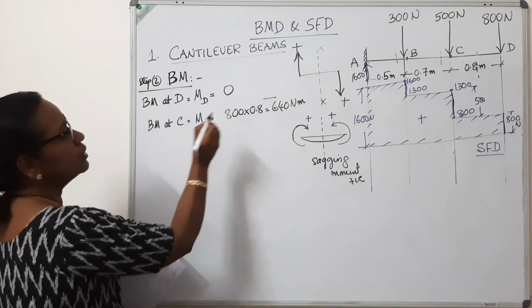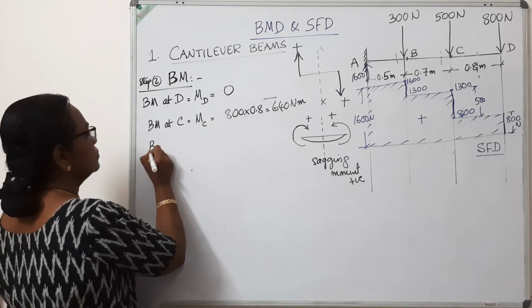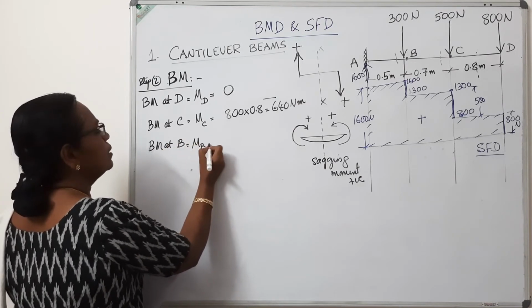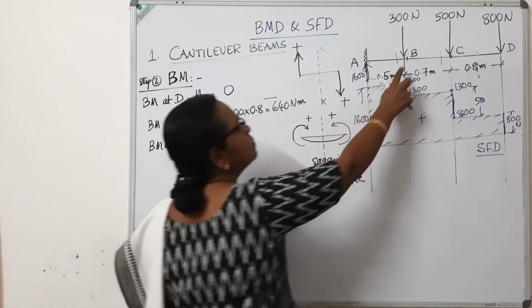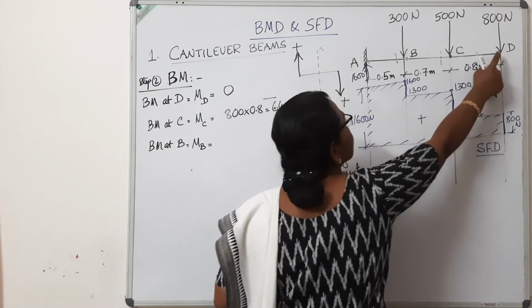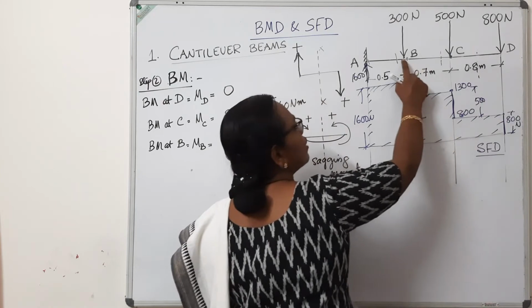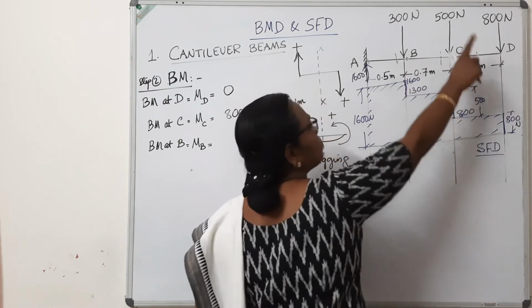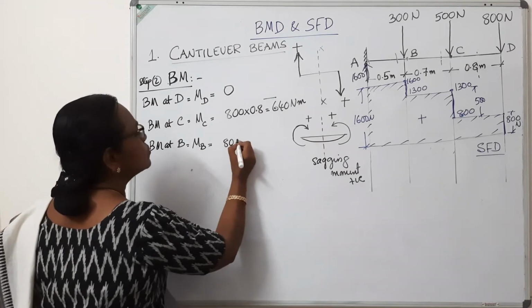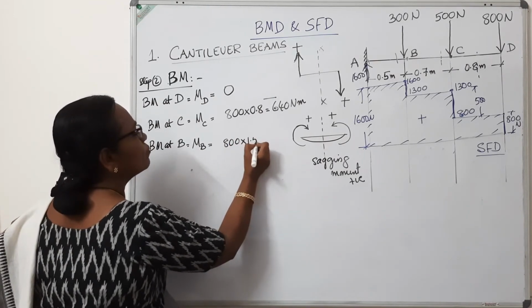Coming to point B, bending moment at B, MB, consider point B, consider right side of it. There are two loads. This 800 Newton is acting at 0.8 plus 0.7, 1.5 meter from the point B. So 800 into 1.5.